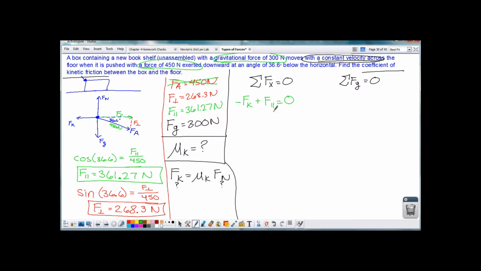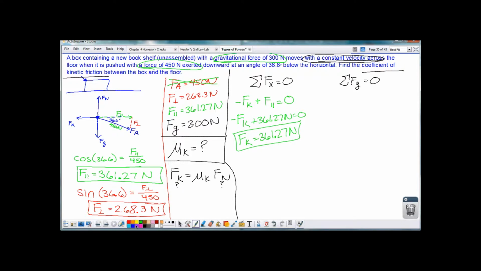Now I look in here and I say, hey, I know F parallel, so I can substitute it in. Solve by adding the kinetic friction to both sides, and we will find we get 361.27 newtons for the force of kinetic friction.